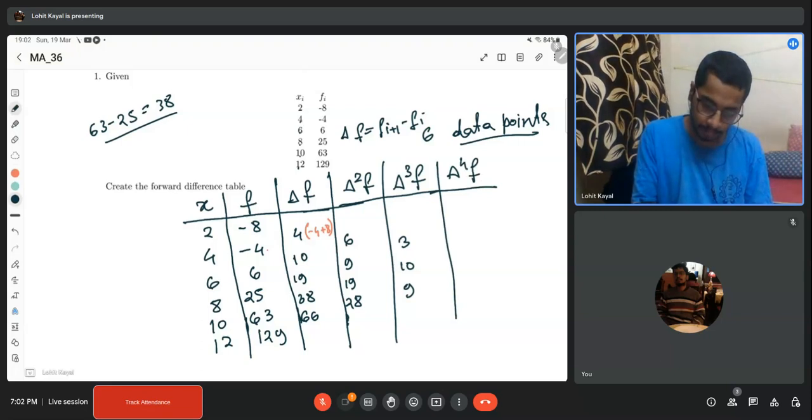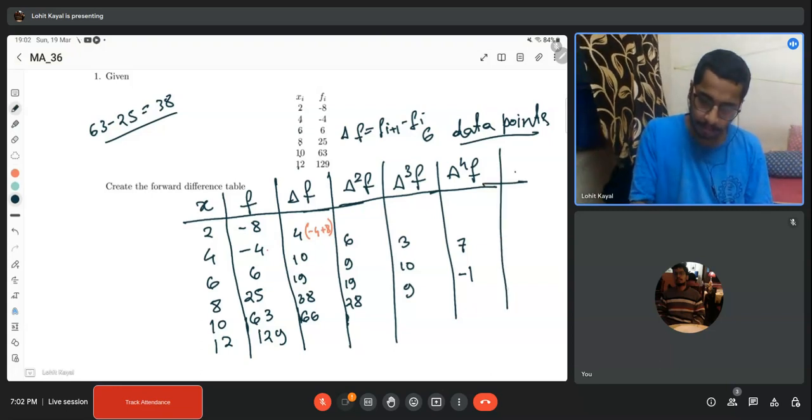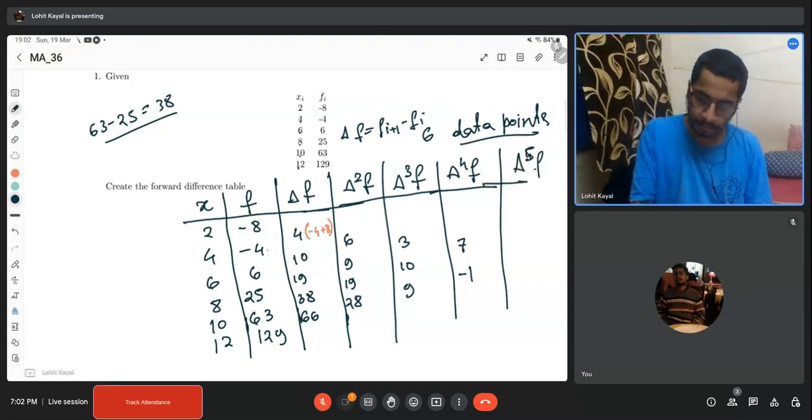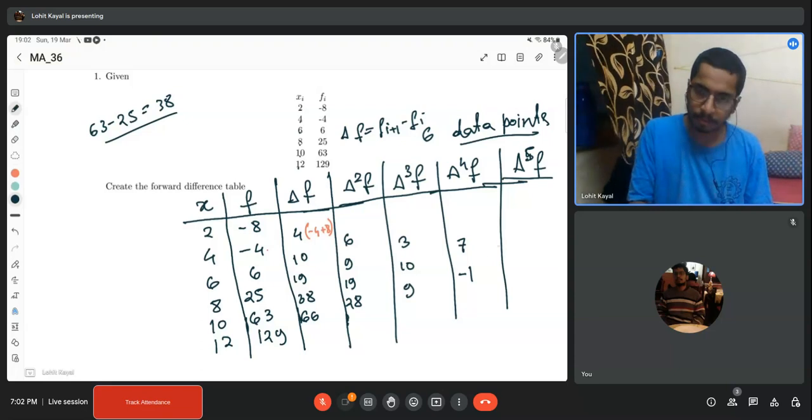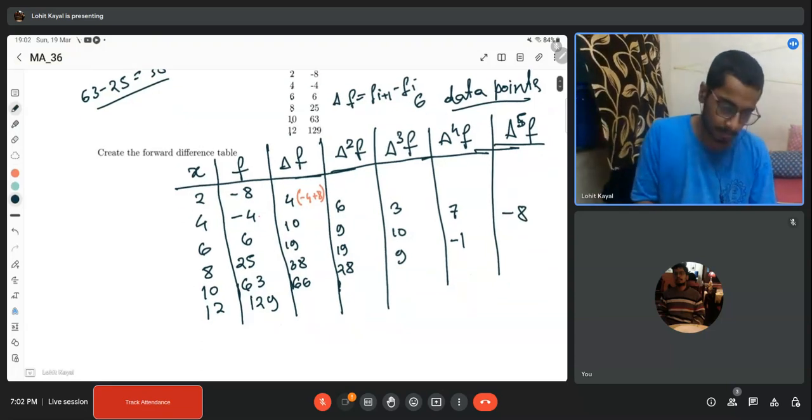Delta to the power 4 f will be 7 and minus 1. And the last one, delta to the power 5 f, will be minus 1 minus 7, which is minus 8. So this is the table for this data set.